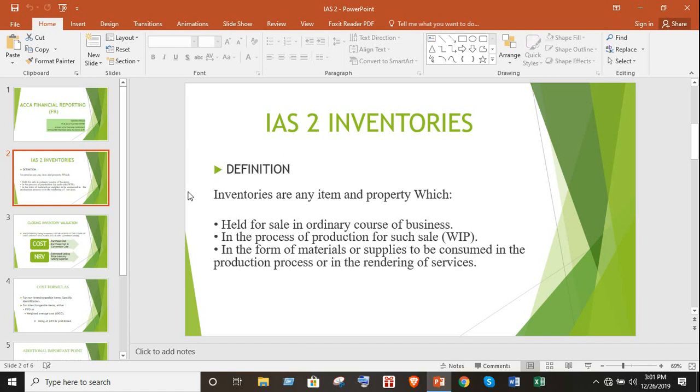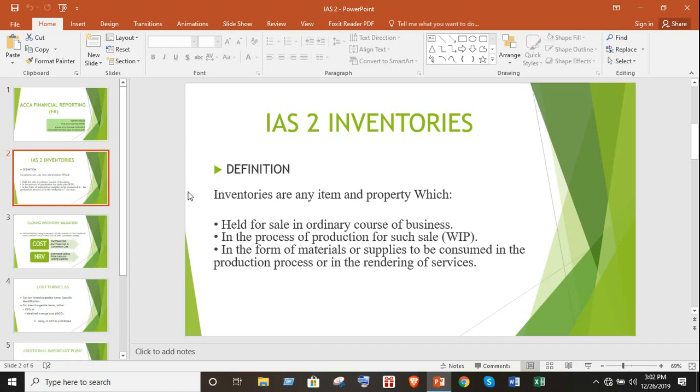You have sold only 800 units to your customers. So according to the matching concept, you can only charge the expense of 800 units into your cost of sales.